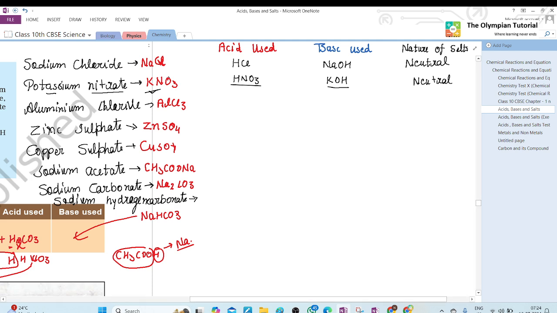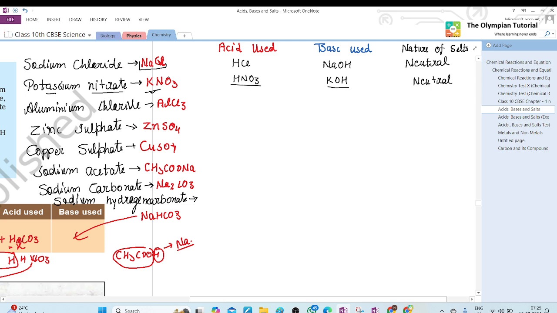One more thing I want to discuss here. Thanya, firstly, let me know: when ionization of NaCl takes place, which one is the positive radical and which one is the negative radical? Negative radical is chloride ion, and positive radical is sodium ion.